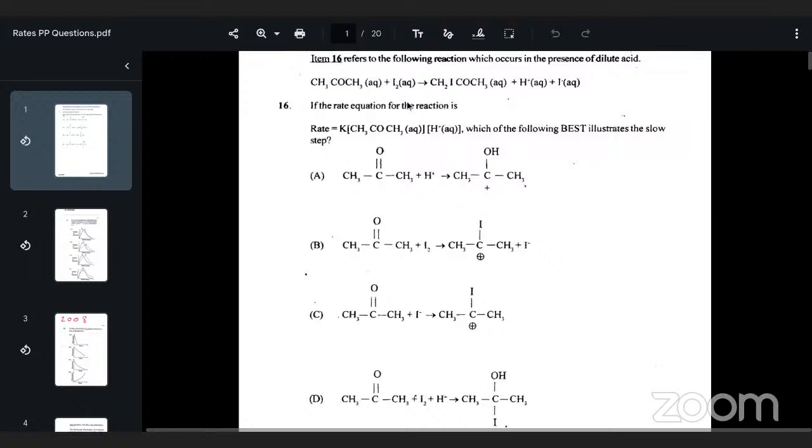If the rate equation for the reaction is rate is equal to K times the concentration of the ester times the concentration of the hydrogen ion, which of the following best illustrates the slow step?